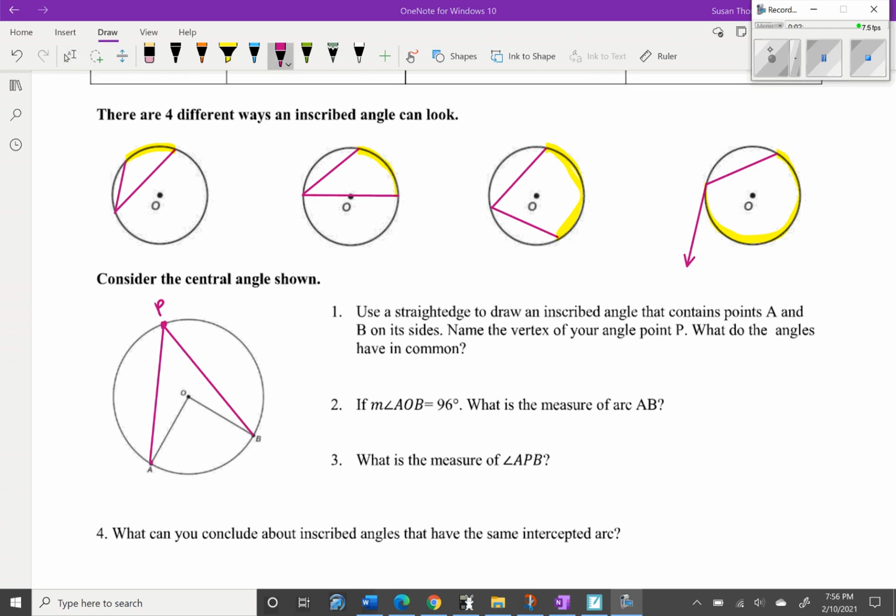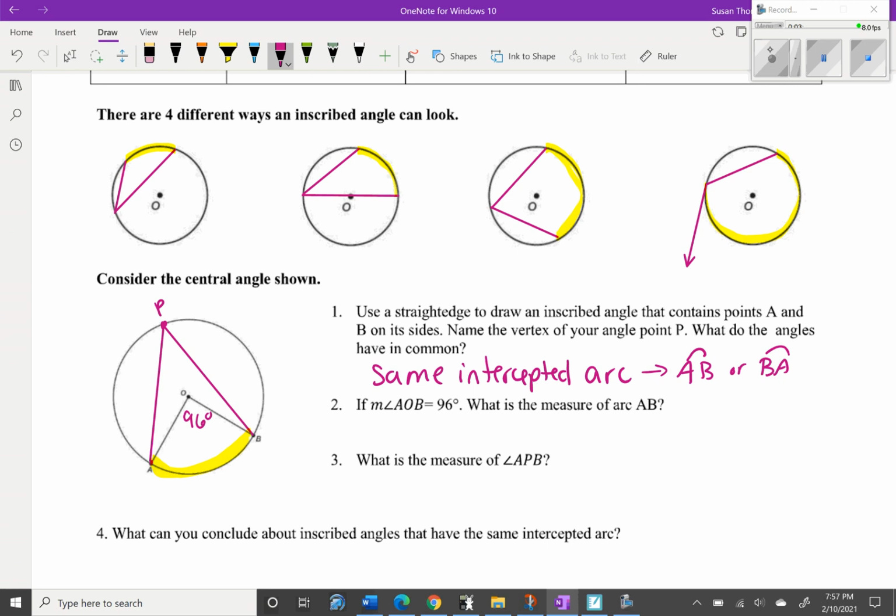All right, so there's our drawing. And so what do we notice that the angles have in common? You'll notice that they share the same intercepted arc right here, which of course in this case would be AB, or you could say BA. If the measure of angle AOB is 96 degrees, what is the measure of arc AB?